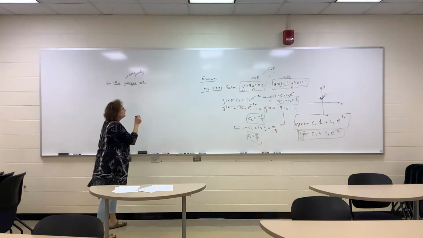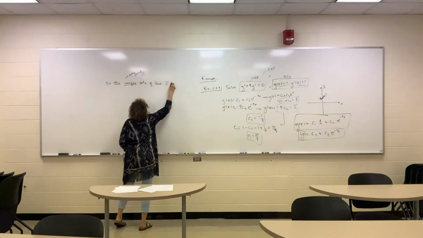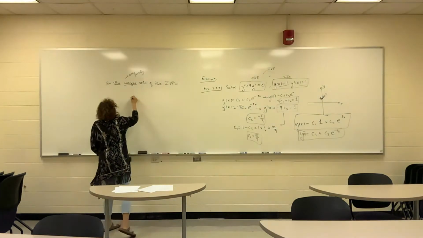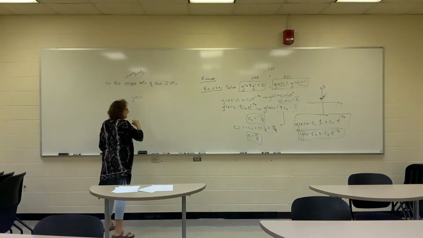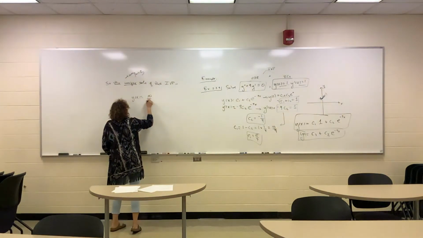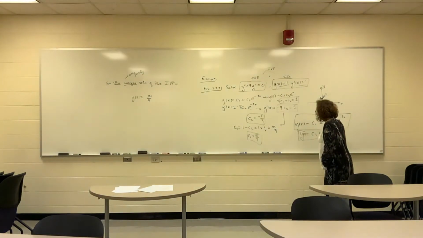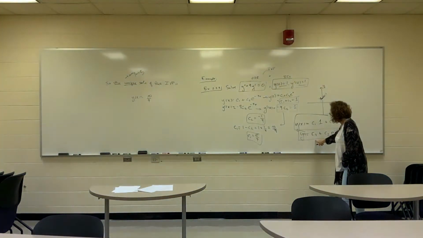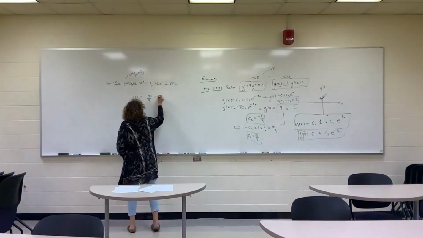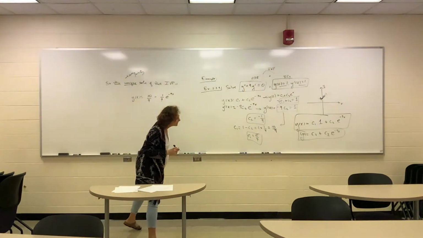The unique solution of this initial value problem is what? Well, y as a function of x is, what does C1 have to be? 10/9. Right, I'm looking over here now, C1 plus C2 e to the -9x. So C1 is 10/9, C2 is -1/9. Minus 1/9 e to the -9x.